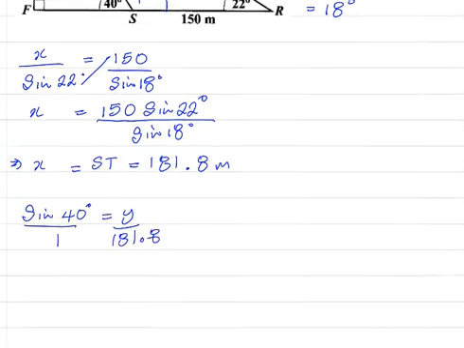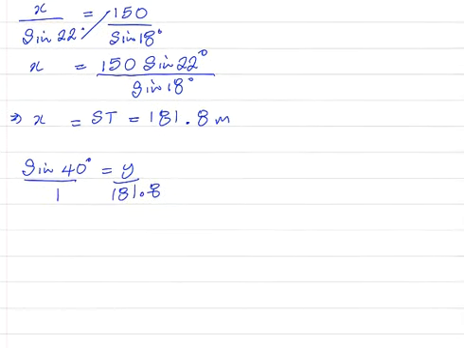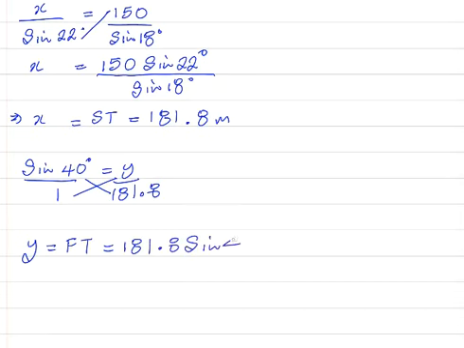I'm going to put this over 1. If I have one fraction equal to one fraction, to get rid of the fraction, I'm going to cross multiply. So therefore, Y, which is FT, would be equal to 181.8 times the sine of 40 degrees. So let's work that out.